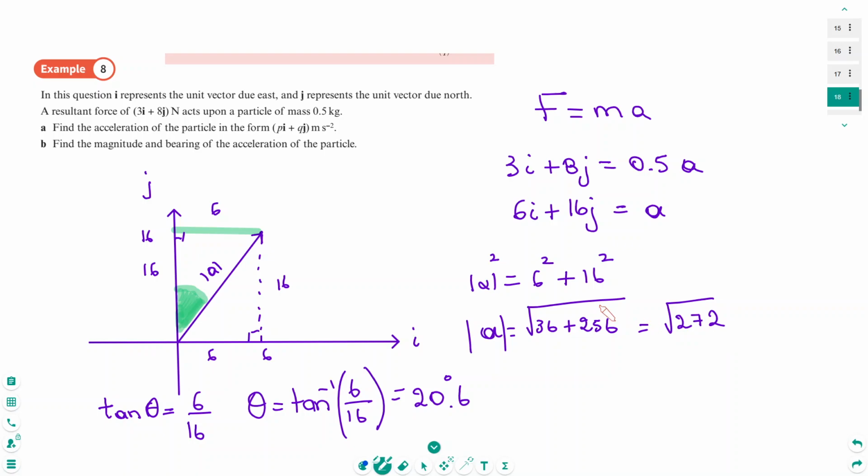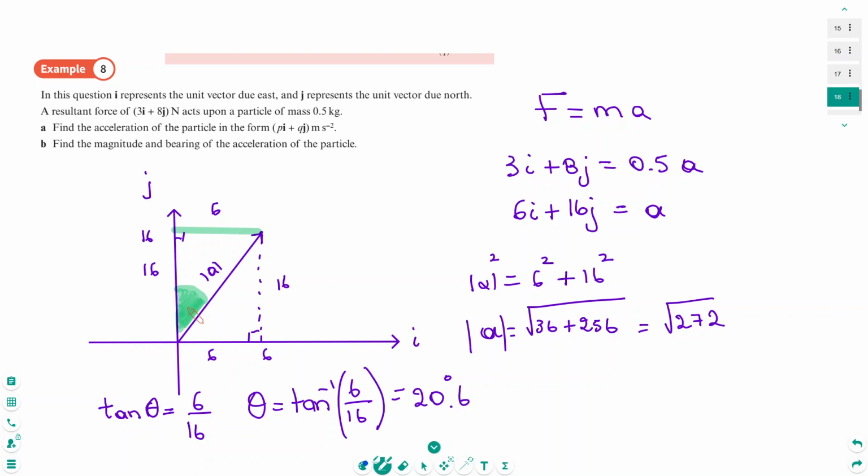To find the bearing, we need to measure the angle clockwise from the north line, from the j-axis. Therefore, the angle that we need to find is this angle that is shaded with green color. To find this angle, we may use the other right-angled triangle and use a trigonometric function.